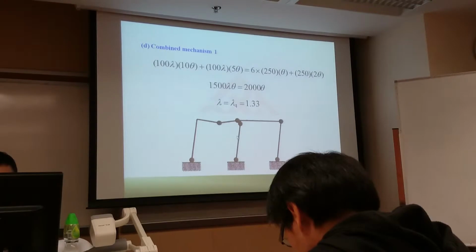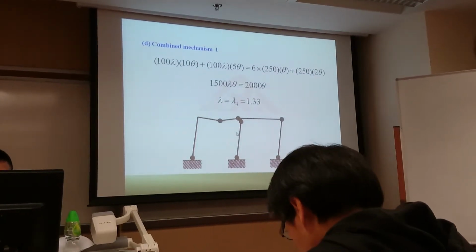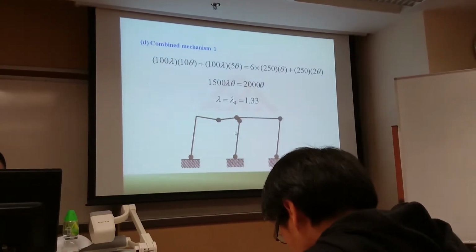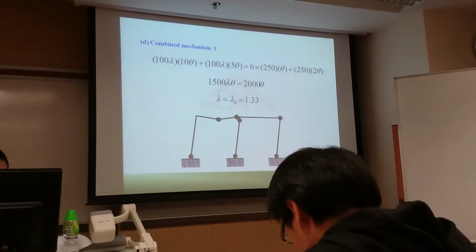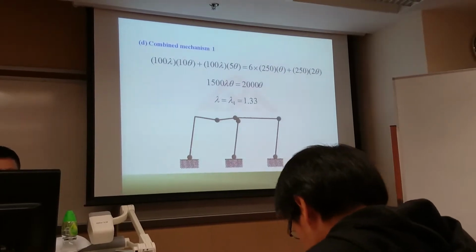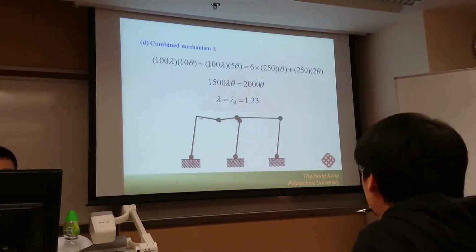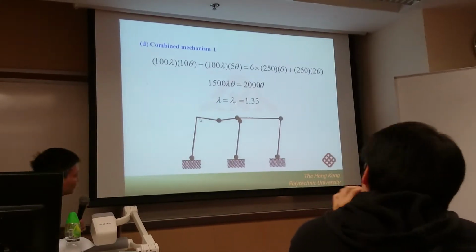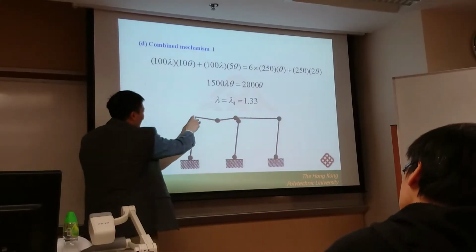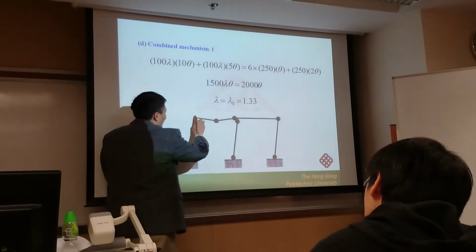You don't need to worry about the multi-span frame structure. When you do the moment check, it is exactly the same as a single span. For example, if you want to do the moment check for the moment here, you just need to introduce a virtual displacement like this.